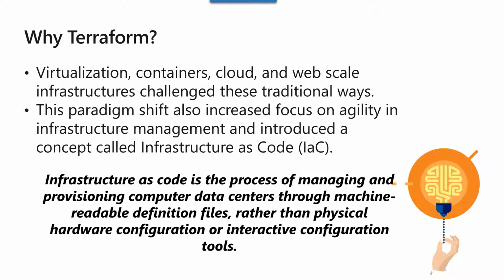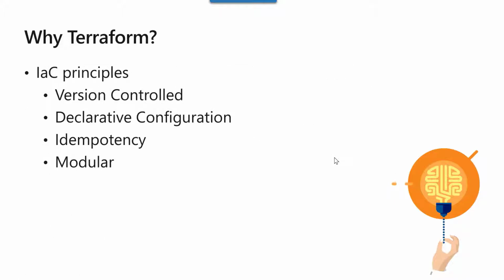All right, so now that we have a fair understanding of what infrastructure as code is and why it was even needed, let's look at some of the core infrastructure as code principles. The first thing that comes to my mind is the version control or the source control for your infrastructure code as well.